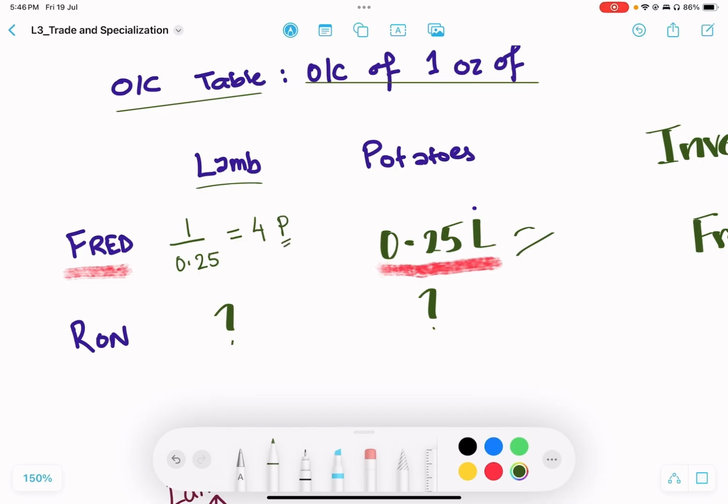Always write down, because opportunity cost means how much of one good you're giving to produce more of another good. So you need to tell me which good you're talking about, right? So to produce 1 more ounce of lamb here, you're giving up 4 ounces of potatoes. So you have to mention that.